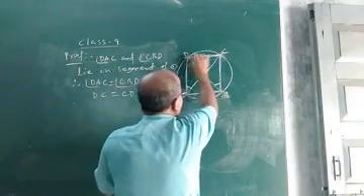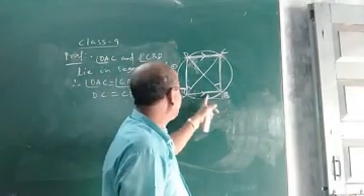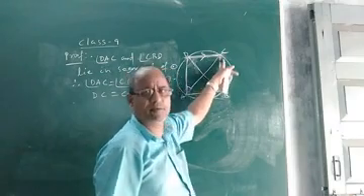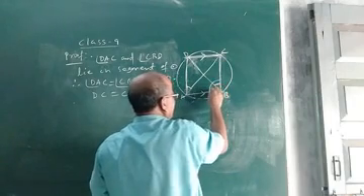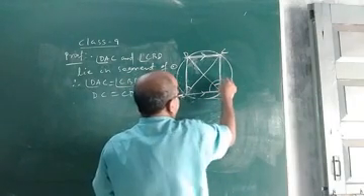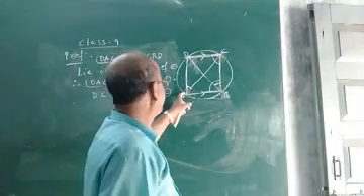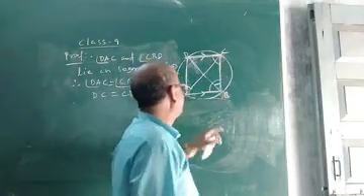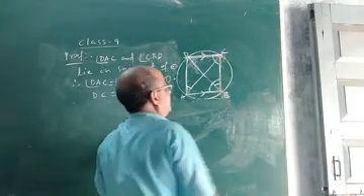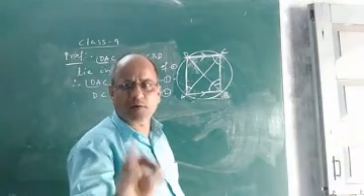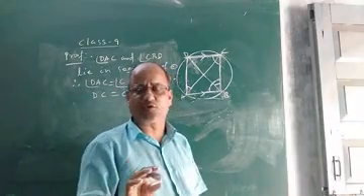We are given that AB and DC are parallel. Now if AB and DC are parallel, BC is a transversal. Angle ABC and angle BCD form a pair of co-interior or consecutive interior angles.